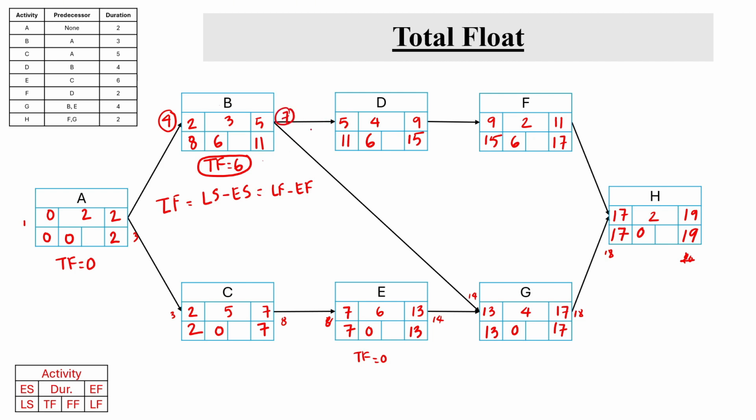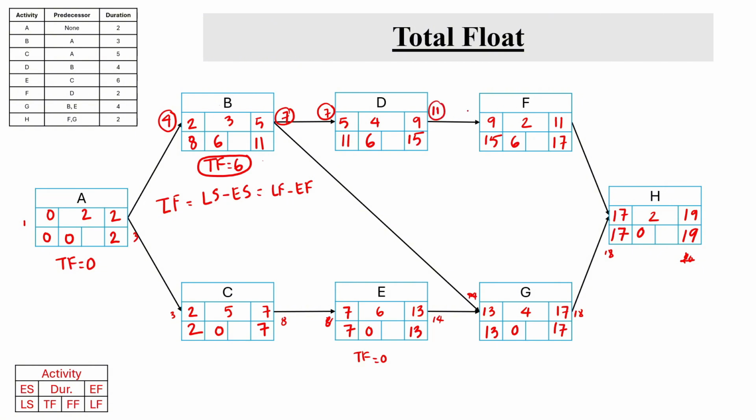And then it does not affect the starting day of activity G, because activity E finishes at day 13, so its early start is going to be day 13. However, this 7 would carry over to activity D, so activity D will be delayed by 2 days as well, and then it finishes at 7 plus 4, 11.